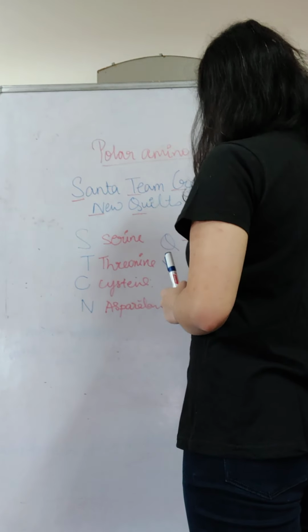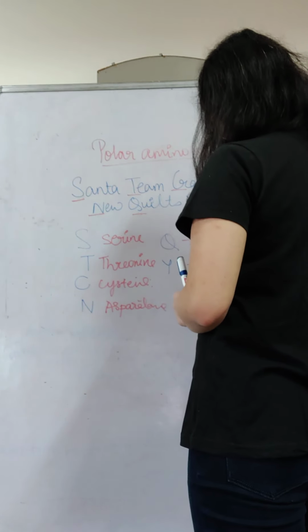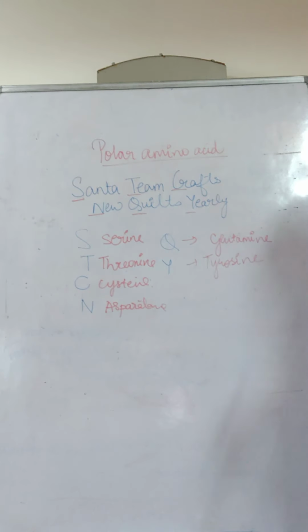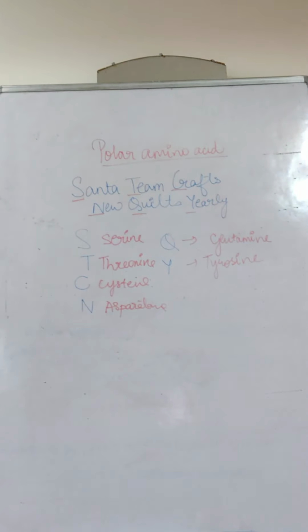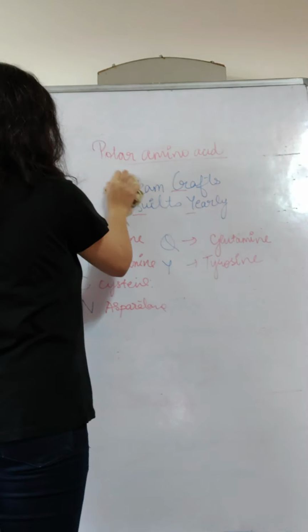Y is for tyrosine. That's it. Serine, threonine, cysteine, asparagine, glutamine and tyrosine. So here we are clear with the polar amino acids. Next we have the non-polar amino acids.